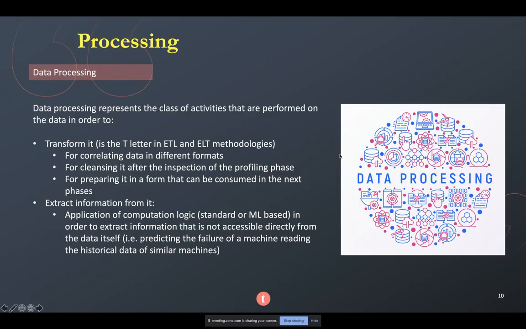And this is one part, and it is the T letter in the ETL and ELT methodologies, where ETL is extract, transform, and load, while ELT is extract, load, transform.